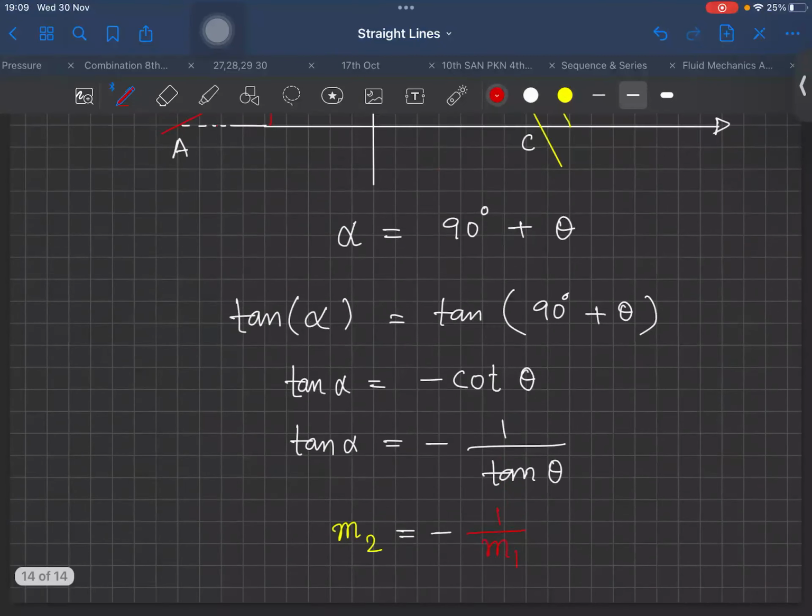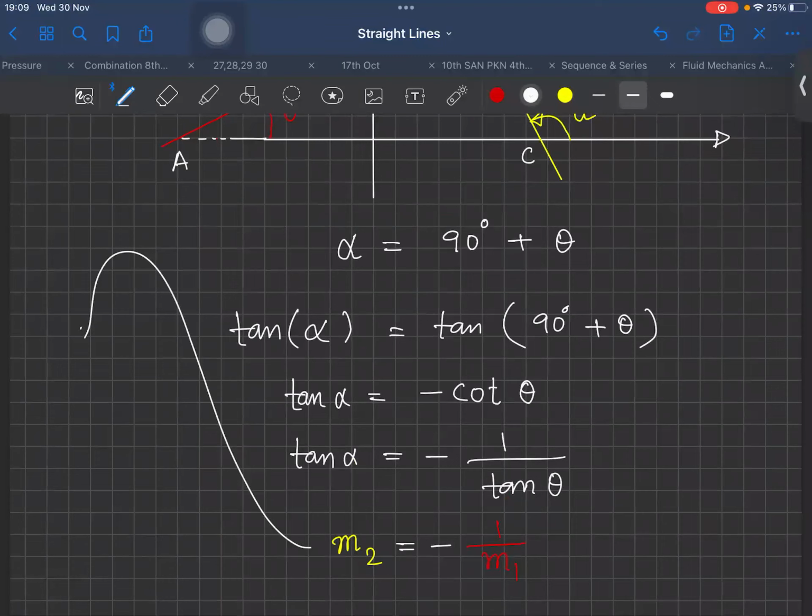That means we can write like this: M2 into M1 is equal to minus 1. Write down: if two lines are perpendicular, the product of their slopes is negative 1, always.